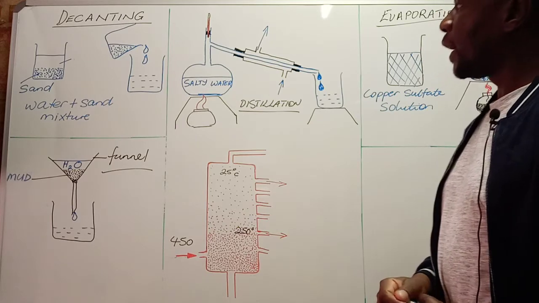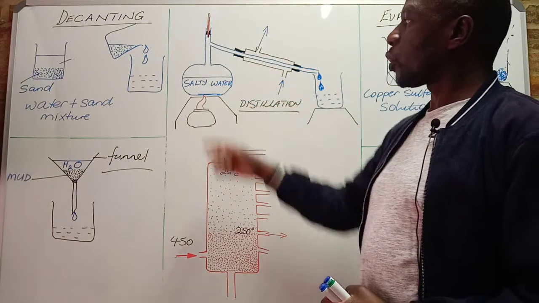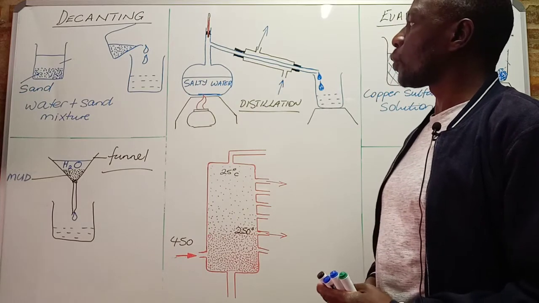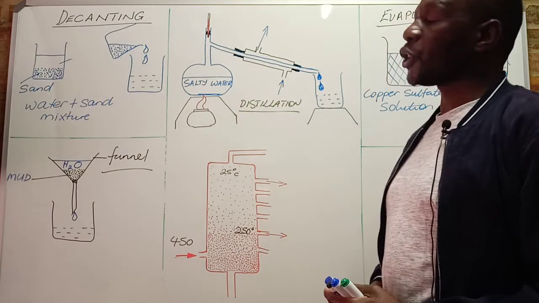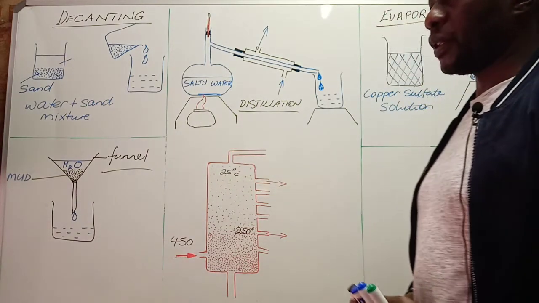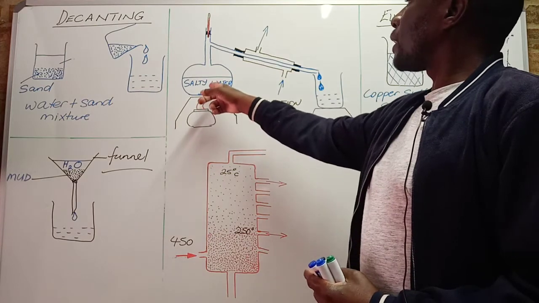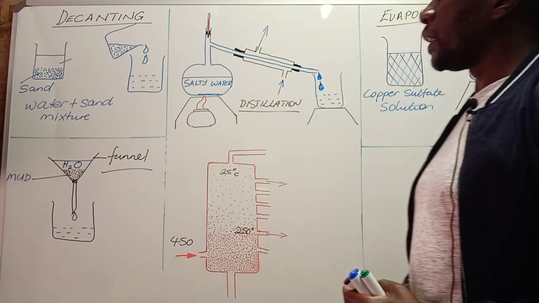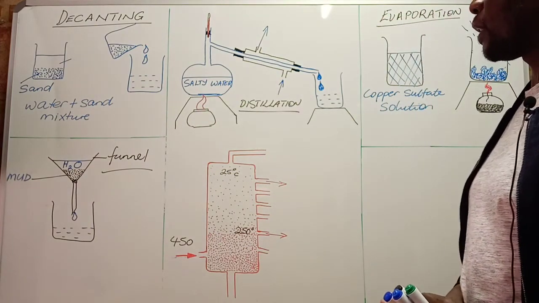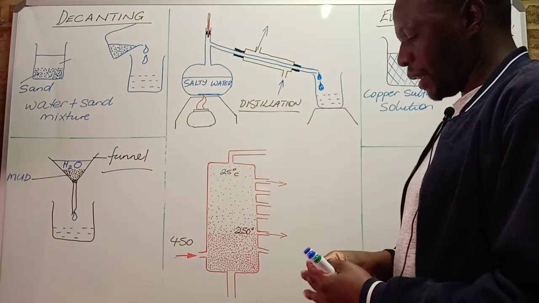In distillation, we pour the solution into the distillation apparatus and we apply a flame. As the solution absorbs heat, it will start to boil. The water will boil out and be collected in the beaker.